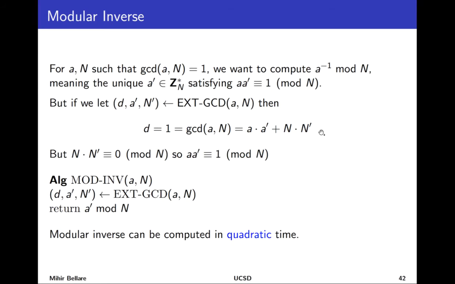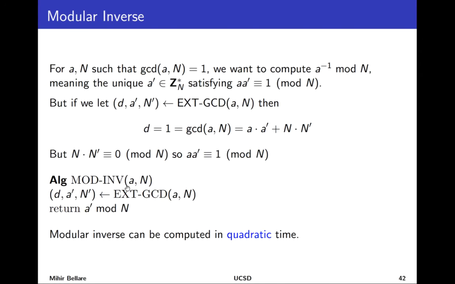However, if I take this equation mod n, this part just goes away because n mod n is 0. What I'm left with is that 1 is A times A prime mod n, and that's exactly what this equation wants. So in summary, how do I compute modular inverses?